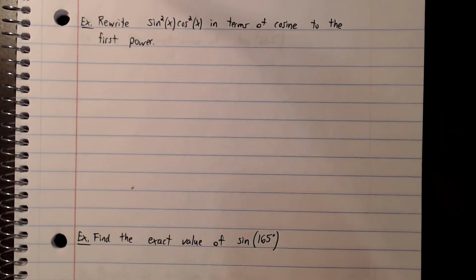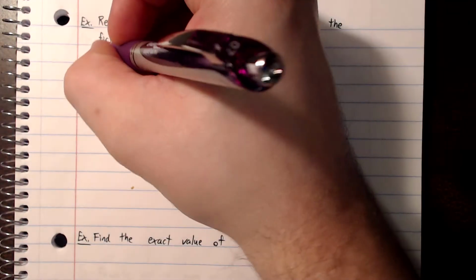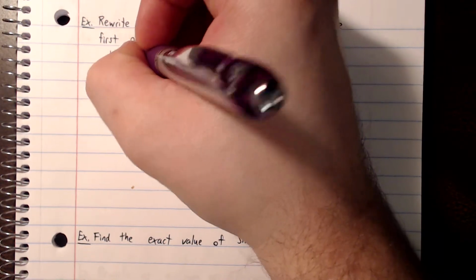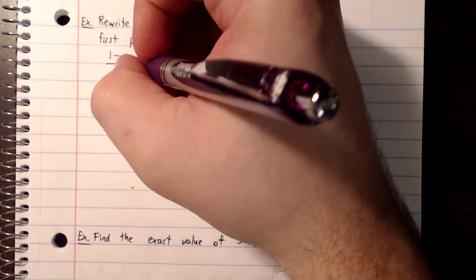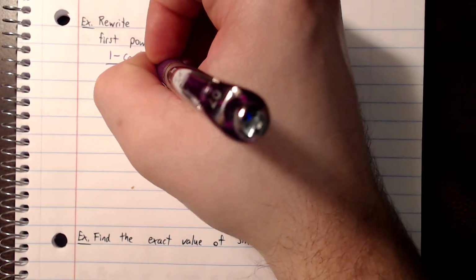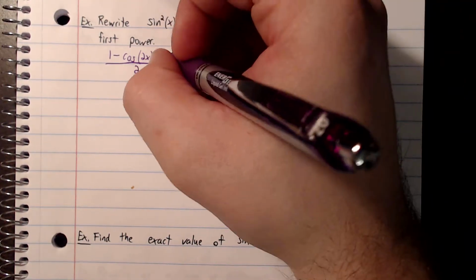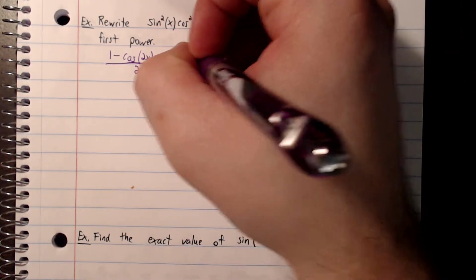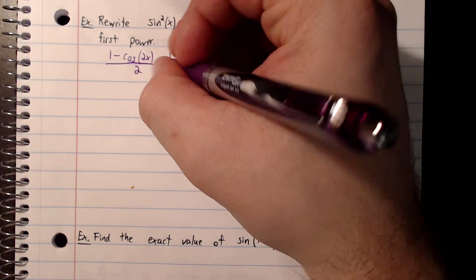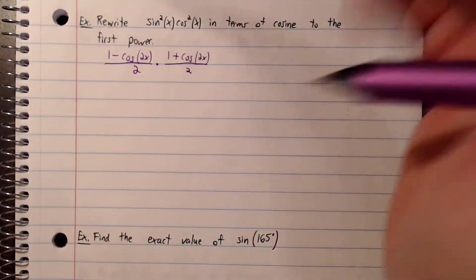Right, so I'm going to use that first one, sine squared x. That gives us 1 minus cosine of 2x divided by 2. Cosine squared gives us 1 plus cosine of 2x divided by 2. Okay.